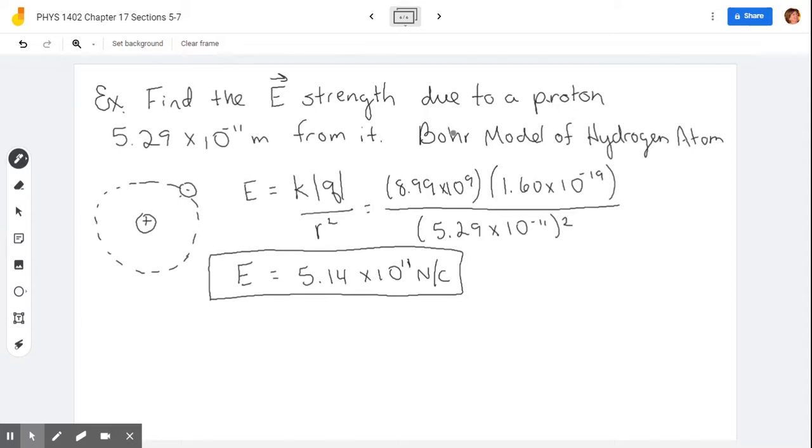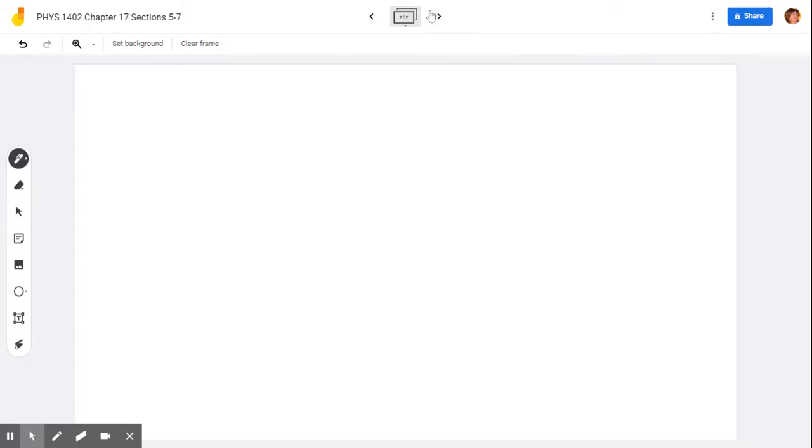Let's do another example. Let's find the electric field strength, and again, I'm not worried about direction, just magnitude, of a Van de Graaff generator.